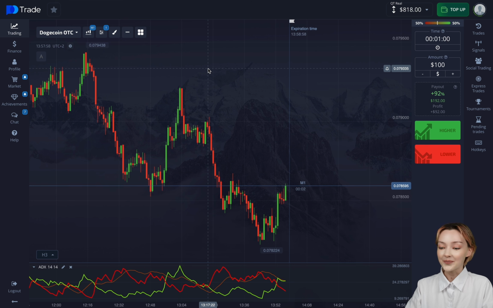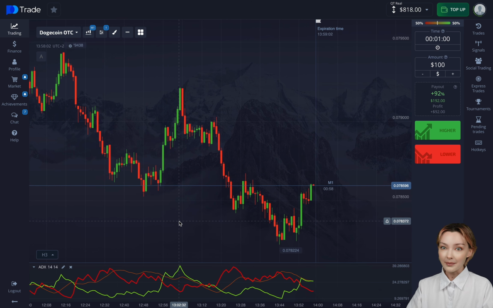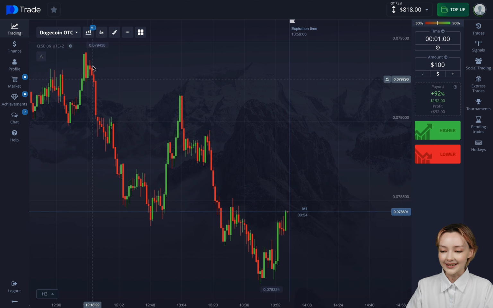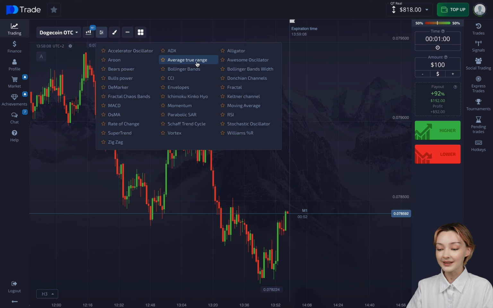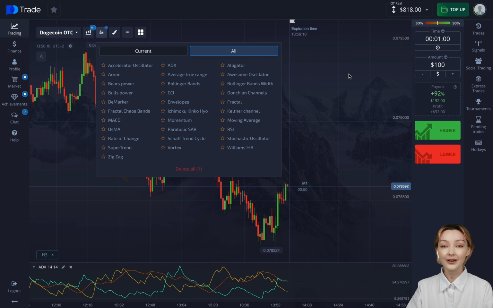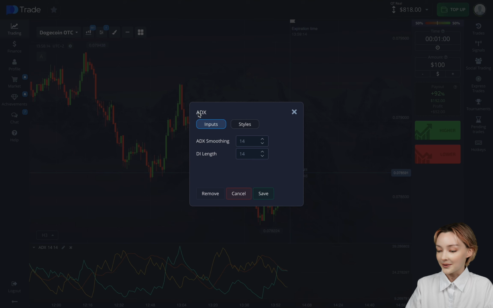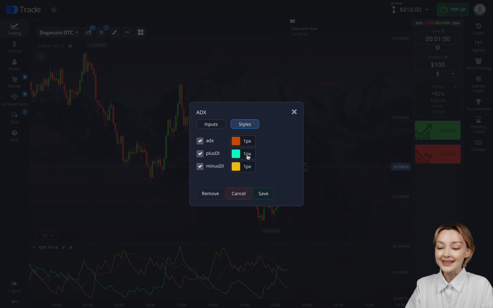In this video, we're going to be using an indicator that's been really popular recently, and that's the ADX indicator. The settings are very simple. Let's quickly add it and watch a short video that I recorded specifically for you. So the settings, we're not changing anything else. Now we're going to the style section.